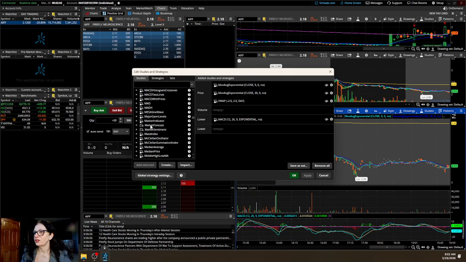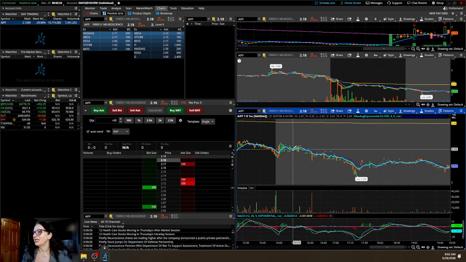You can also search here in the search bar. It's just been a while since I actually set them up. So you're going to find it here, moving average exponential right here. And you can see that I already added the 9 and the 20 to my chart. I'll go over the 20 EMA in another video, but today we're just going to focus on the 9 EMA.